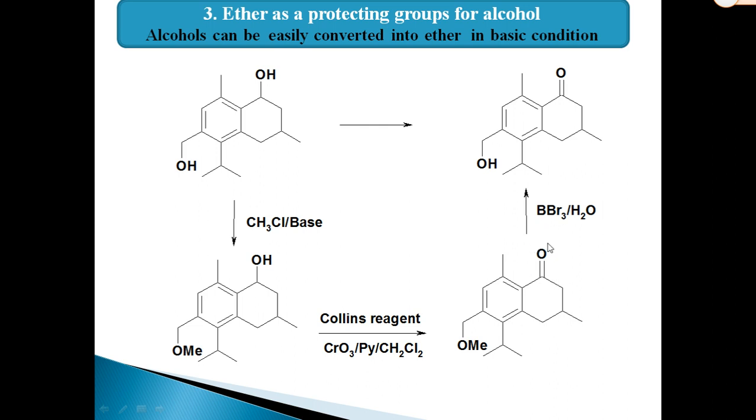By using boron tribromide in aqueous condition, we deprotect this methoxy group into the hydroxy group. In this way, we selectively oxidize this secondary hydroxy group into the ketonic group, and this primary hydroxy group remains as it is. This is the best example of selective oxidation using ether as a protecting group for the alcohol.